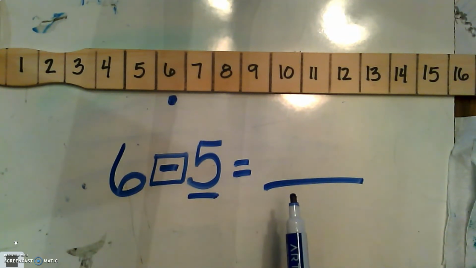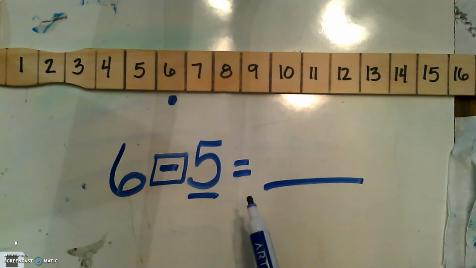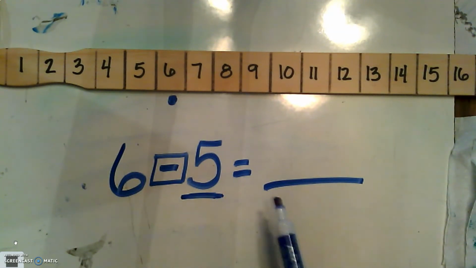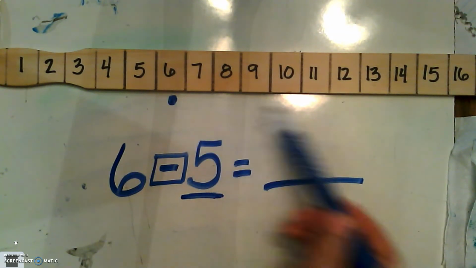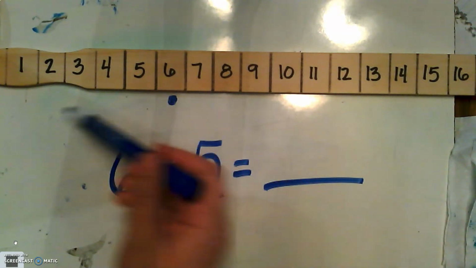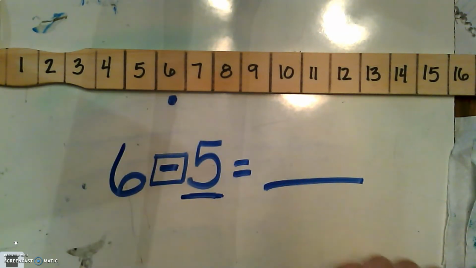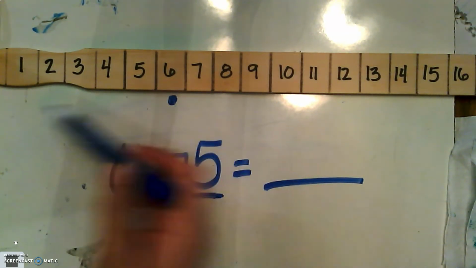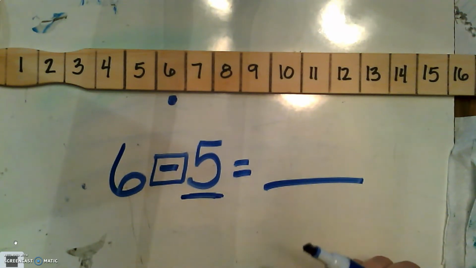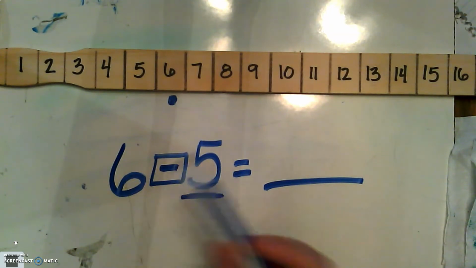We're going to take away 5. So how many jumps do we need to make? 5 jumps. And are we going to move up the number path or down the number path to the left? Good, we're going to move down the number path to the left because we're taking them away. So our answer or our difference is going to be a smaller amount than 6.